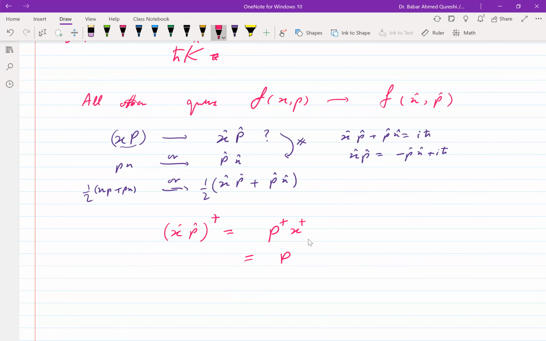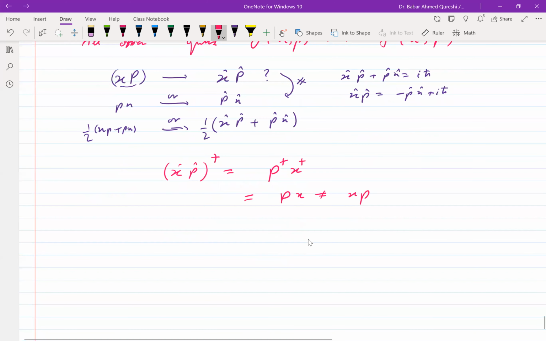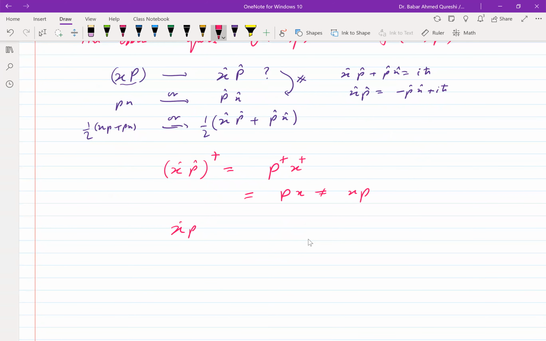So they have to be Hermitian. And that's why we had taken care to make k and x Hermitian in our Hilbert space. So p dagger is p, x dagger is x, but this is not equal to xp. So that means (x hat p hat) dagger is not equal to x hat p hat.